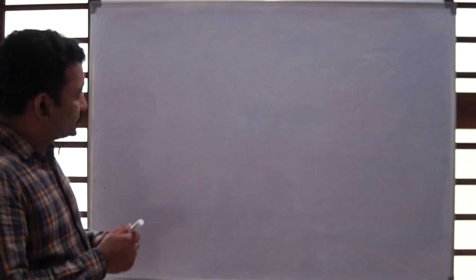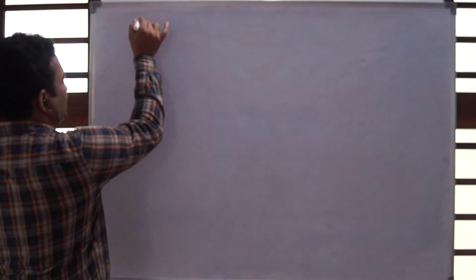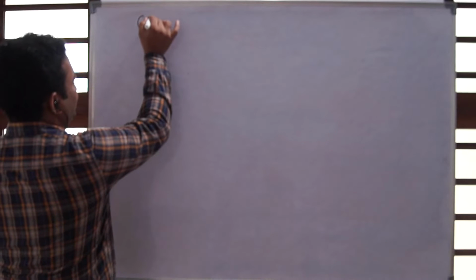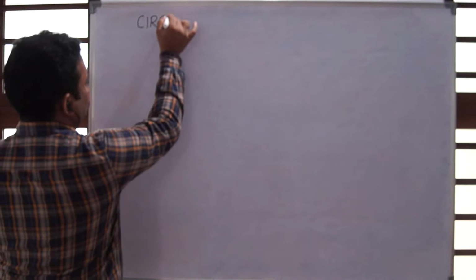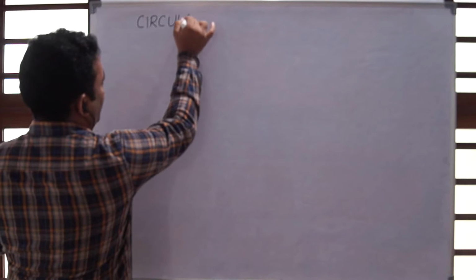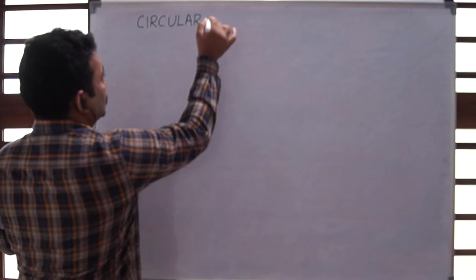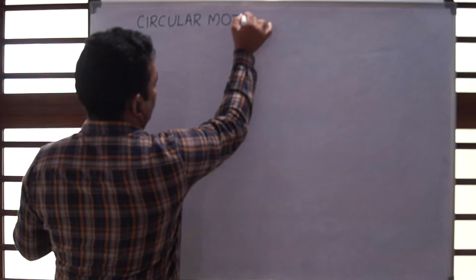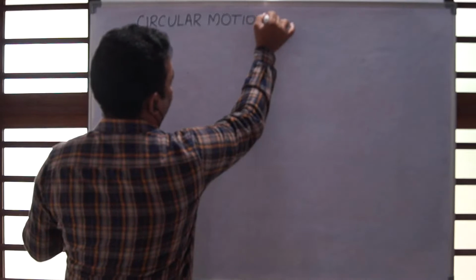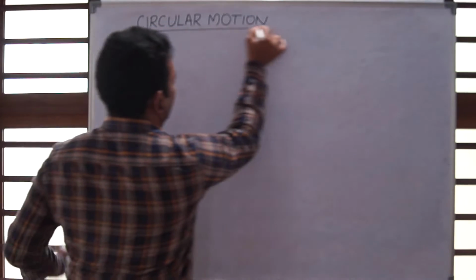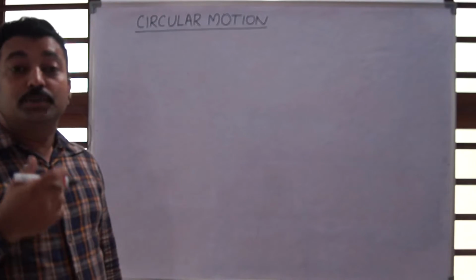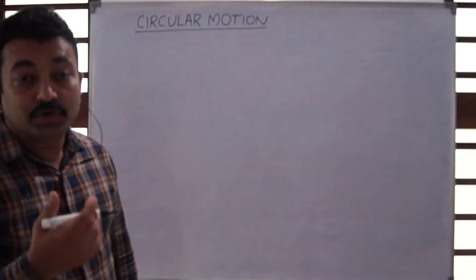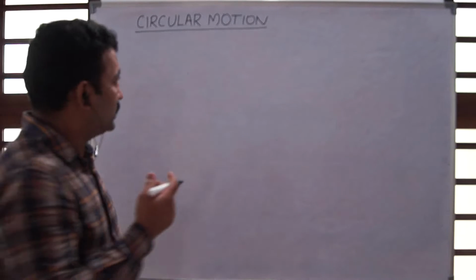So, circular motion of a particle, or motion along the circumference of a circle. Here we have to learn the fundamental aspects which are beneficial for us to enter into the concepts of rotational dynamics as well.